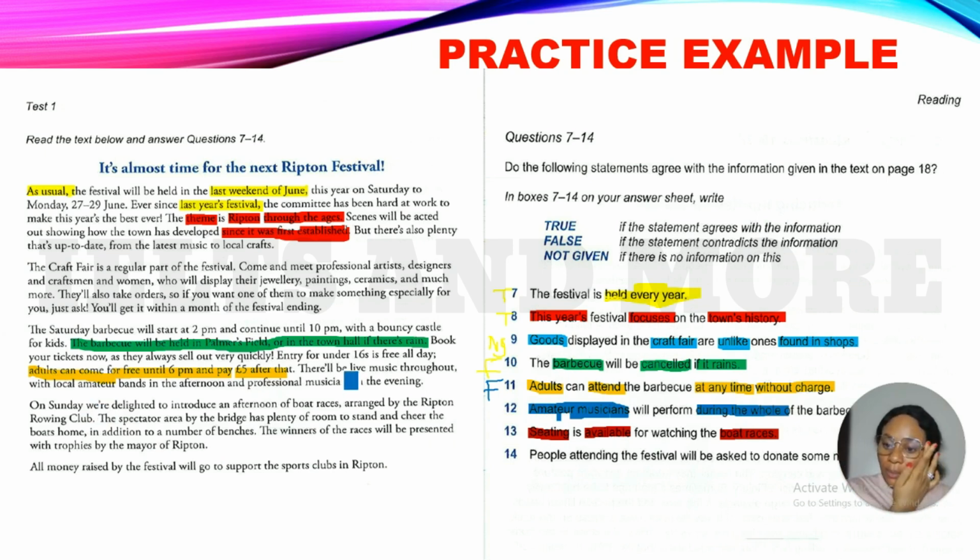Now we stopped at pay £5 after that. There will be live music throughout. Okay, there'll be music, but they've not told us whether it's the professionals or the amateur musicians. So you keep reading. With local amateur bands in the afternoon and professional musicians in the evening. Okay, let's take note of our evidence.